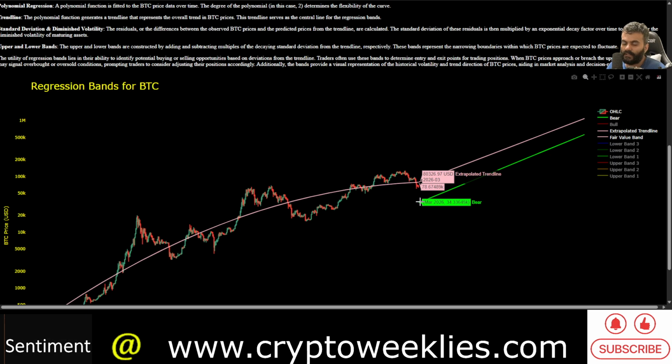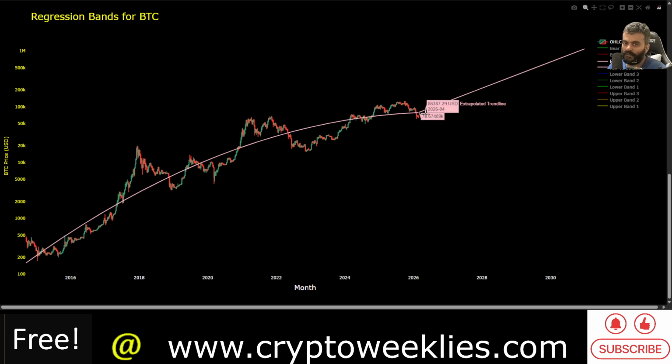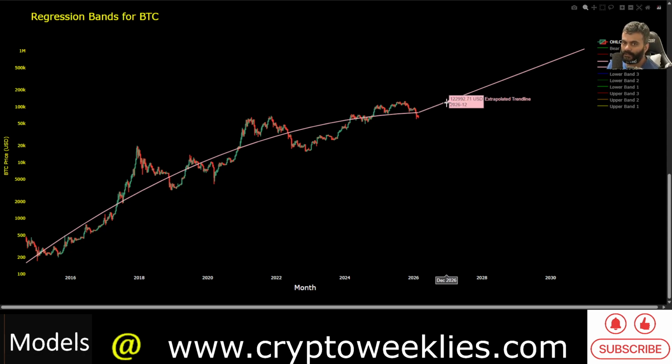That is the extrapolated bottom, whereas the extrapolated peak for Bitcoin, let's take this again. Instead of looking at it in a polynomial fashion, this extrapolation looks at the price of Bitcoin in a linear fashion using linear regression based extrapolation.